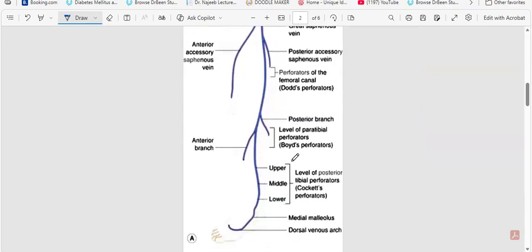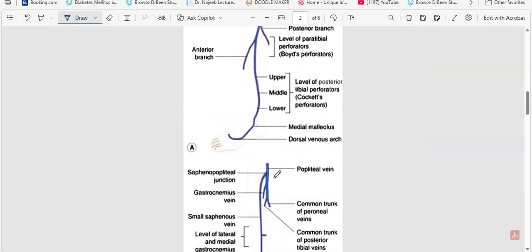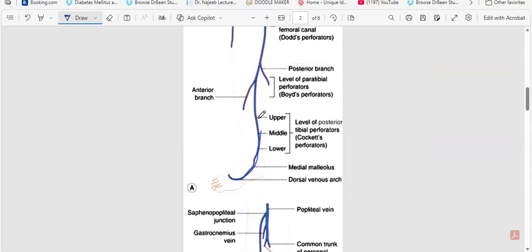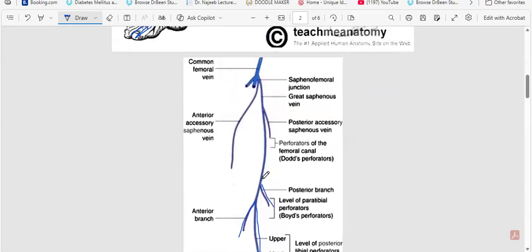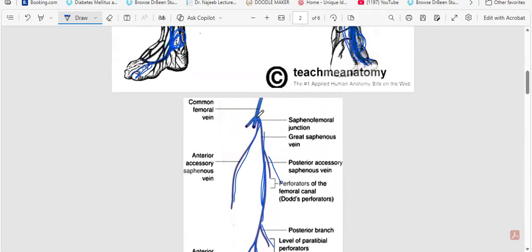So the great saphenous vein has these branches. It travels from the arch of the foot, goes in front of the malleolus bone, and has an anterior branch and a posterior branch, going into the thigh region. Again it has one branch, anterior and posterior, and it enters into the femoral vein.